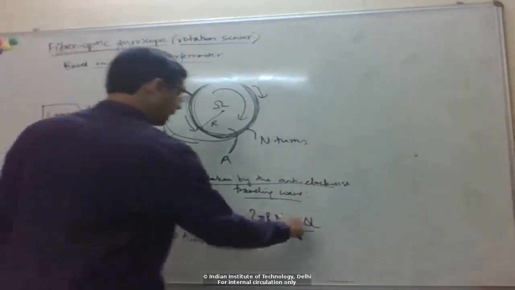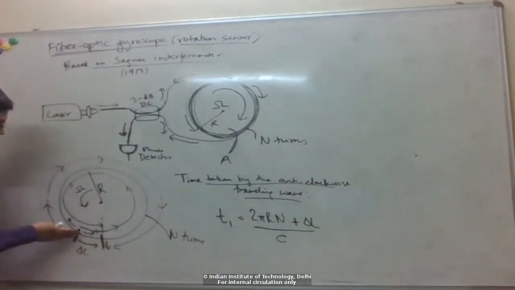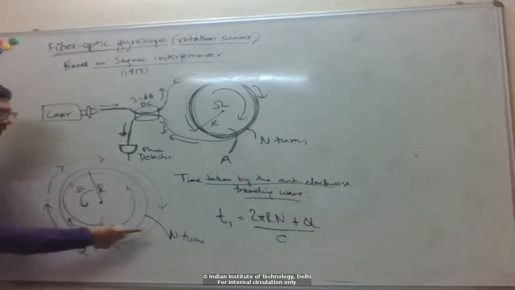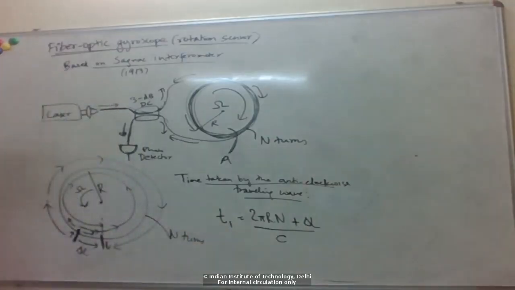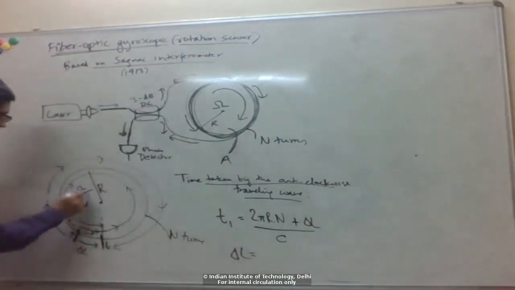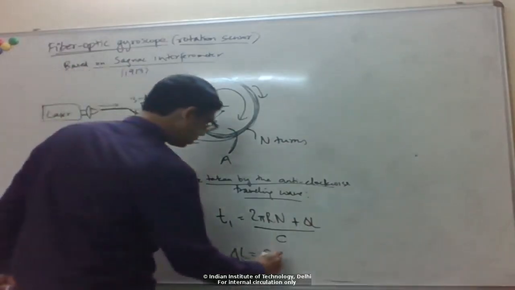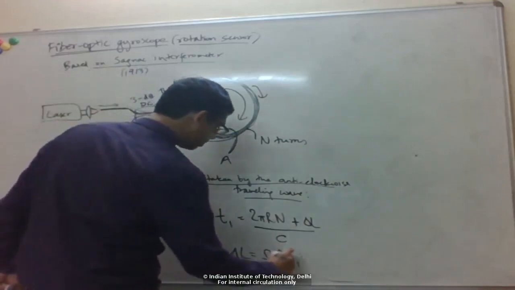And what is delta L? Delta L is basically the distance that this platform or spool traveled in time t1. So the velocity here is omega times r, times time.